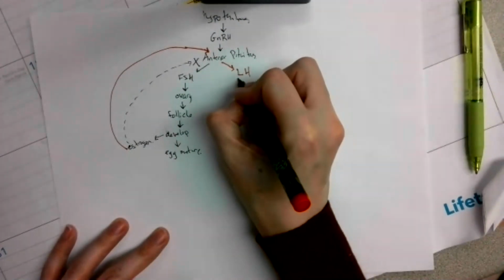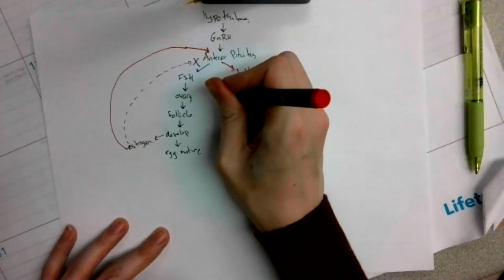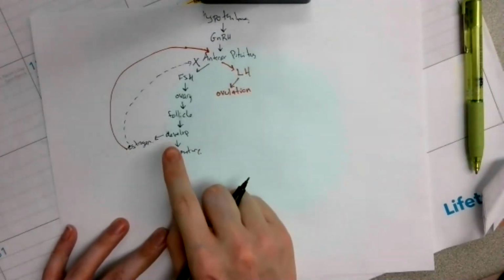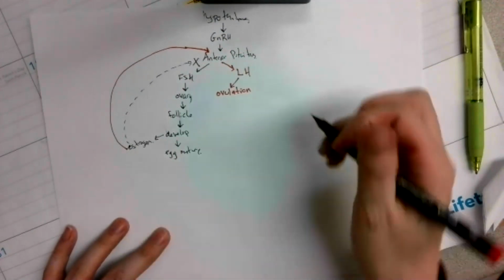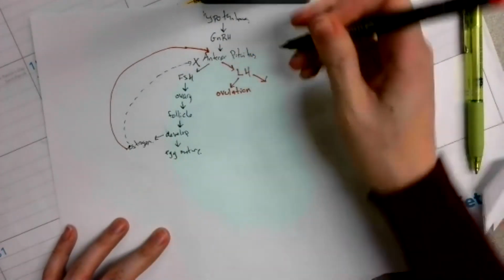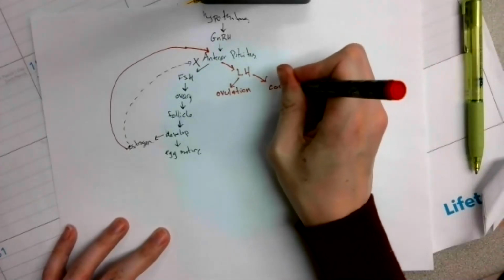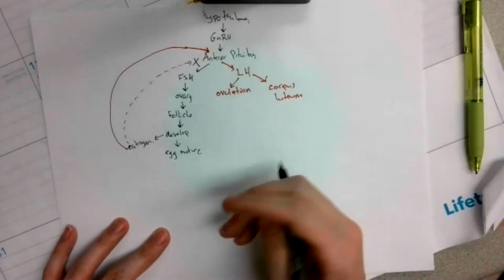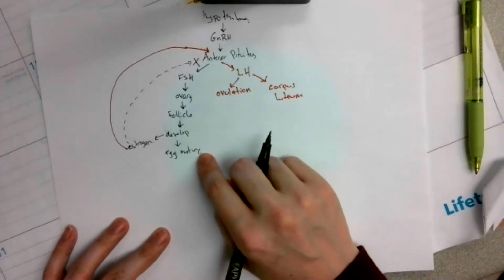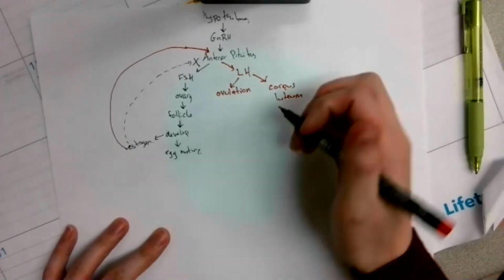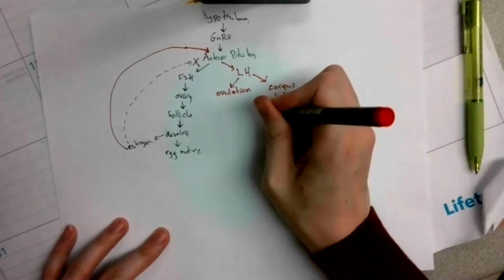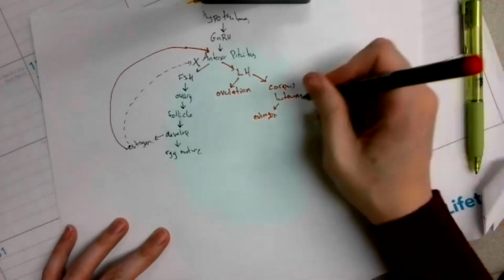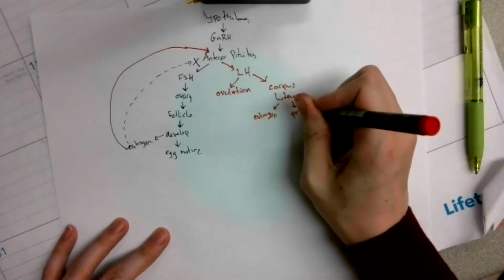The LH is going to do two things. First of all, it's going to cause ovulation, so the release of the mature egg from the ovary. And second of all, it's going to cause the development of the corpus luteum, which is what the remaining follicle turns into after the egg is ovulated. The corpus luteum is then going to release a little bit of estrogen, but a lot of progesterone.